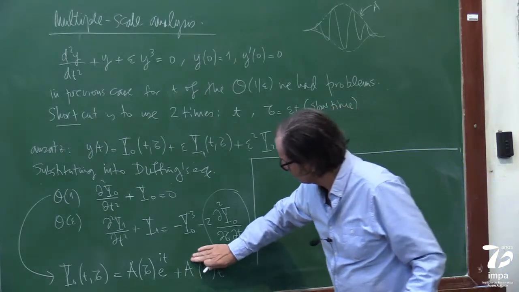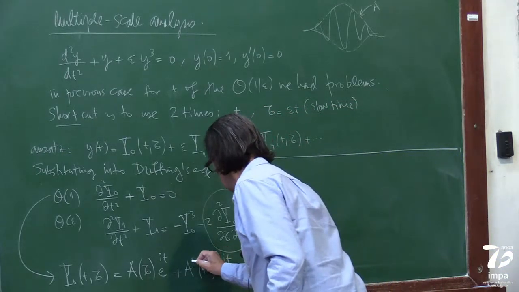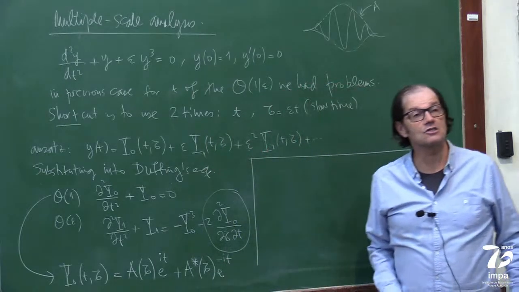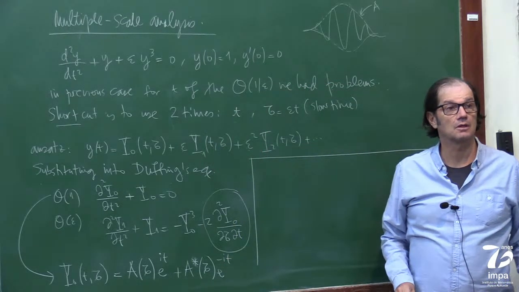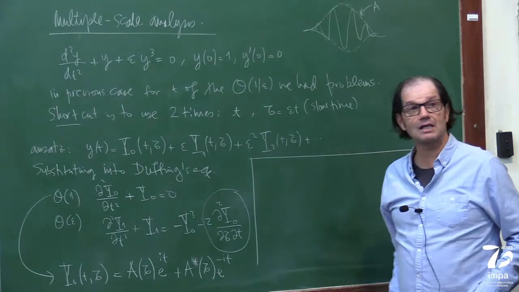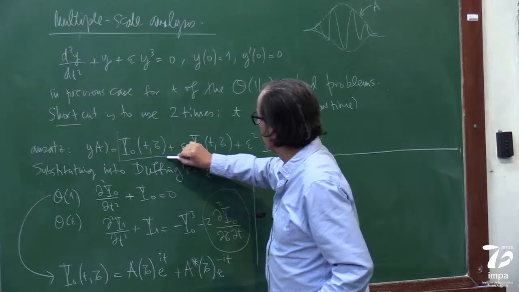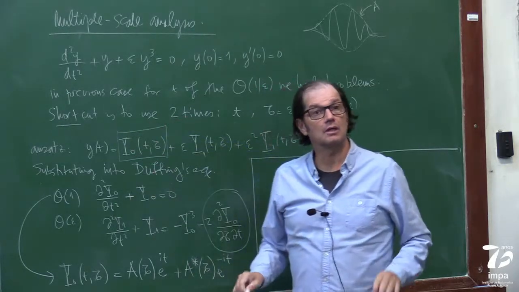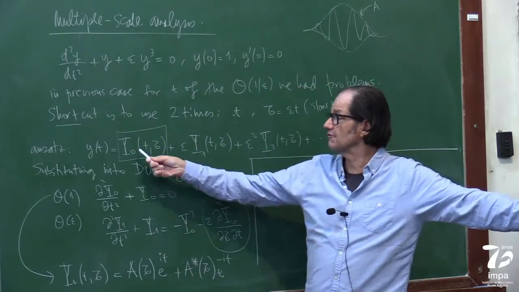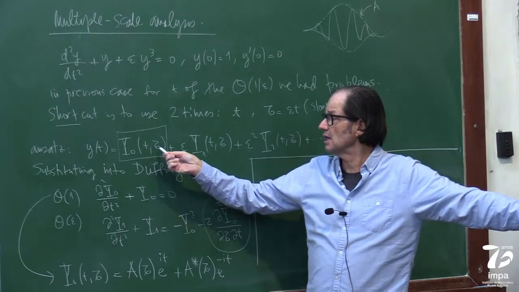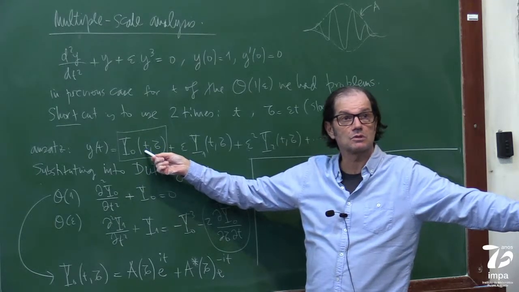Star, this almost doesn't look like a star, looks almost like an A. So star is complex conjugate, okay? So what we're saying here is this. y0, as I invoked it, is a function of time and slow time, of two variables.